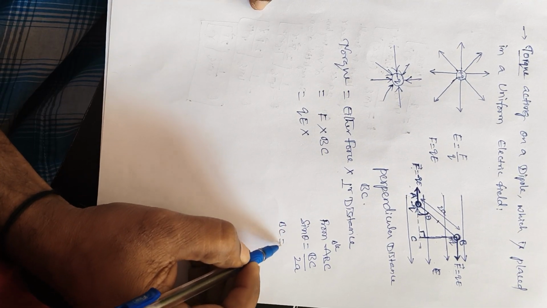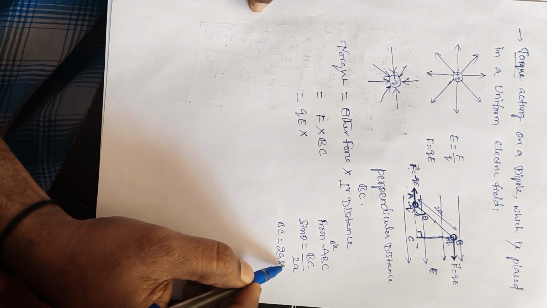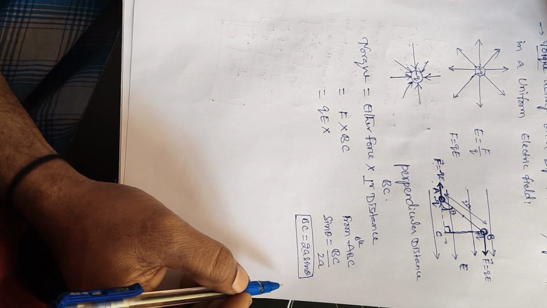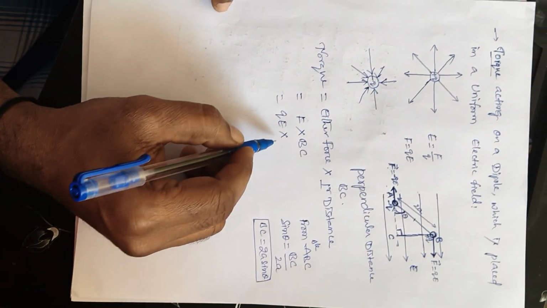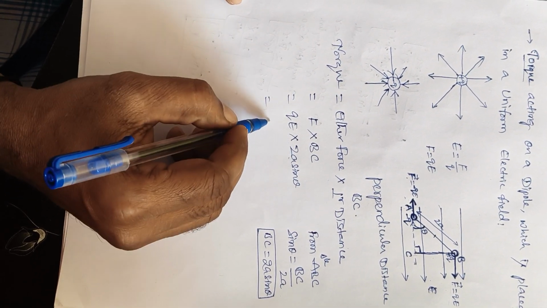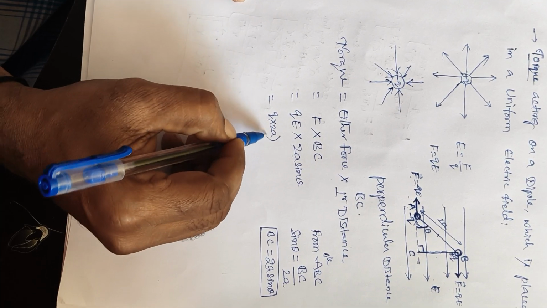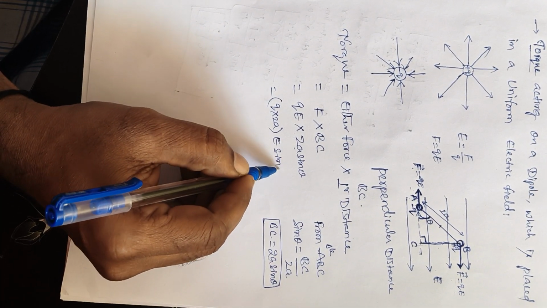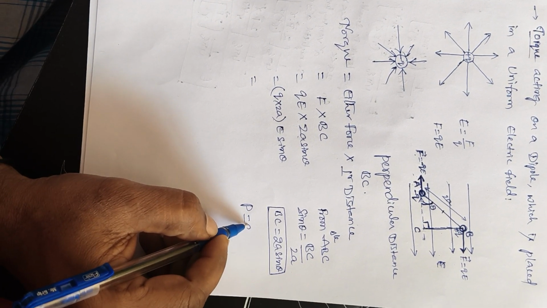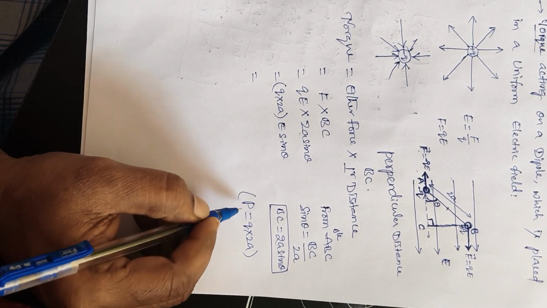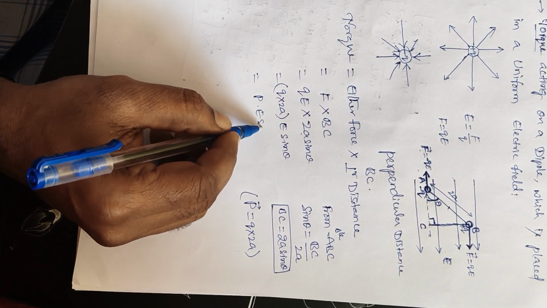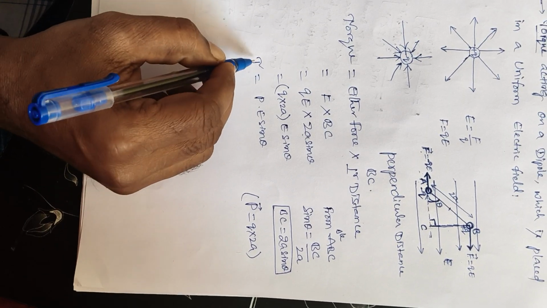So BC is equal to 2a sin theta. This is the perpendicular distance. Substituting it, torque equals q into 2a into E sin theta. We already know q into 2a is nothing but the dipole moment p. So torque is p E sin theta, this is the torque equation.